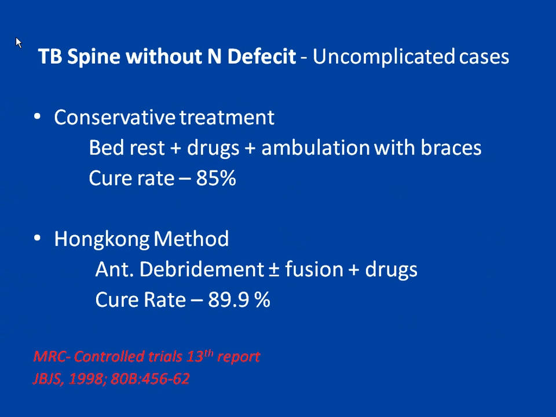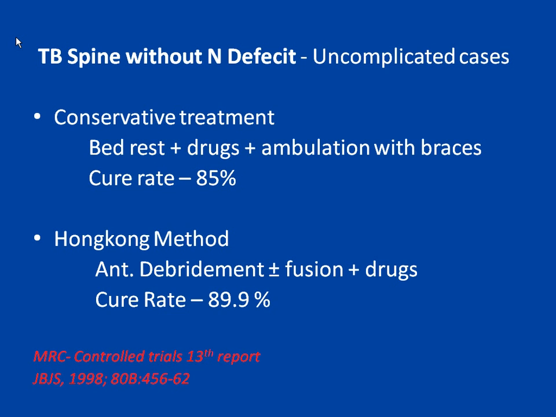Tuberculosis of the spine that presents without a neurological deficit is an uncomplicated case. There, conservative treatment, with relative bed rest, drugs, and later ambulation with braces, gives an excellent cure rate of 85%.